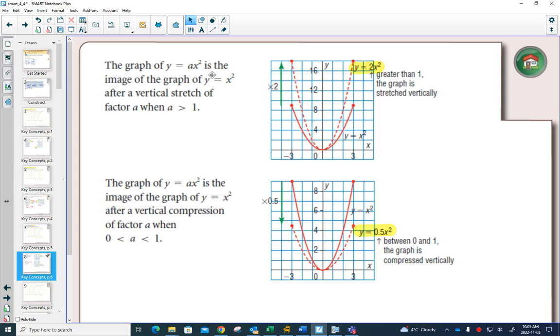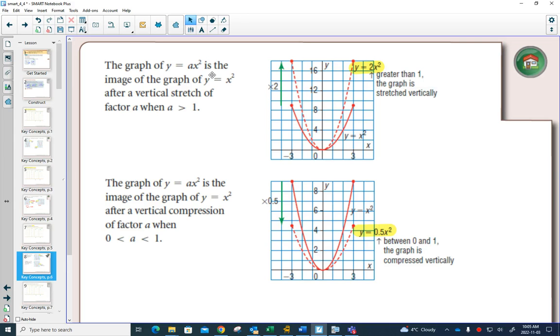Okay? So since we're only dealing with parabolas, we tend to say the nicer words are narrower and wider, instead of stretched vertically and compressed vertically, because your mind sees narrower easier than it sees stretched vertically.